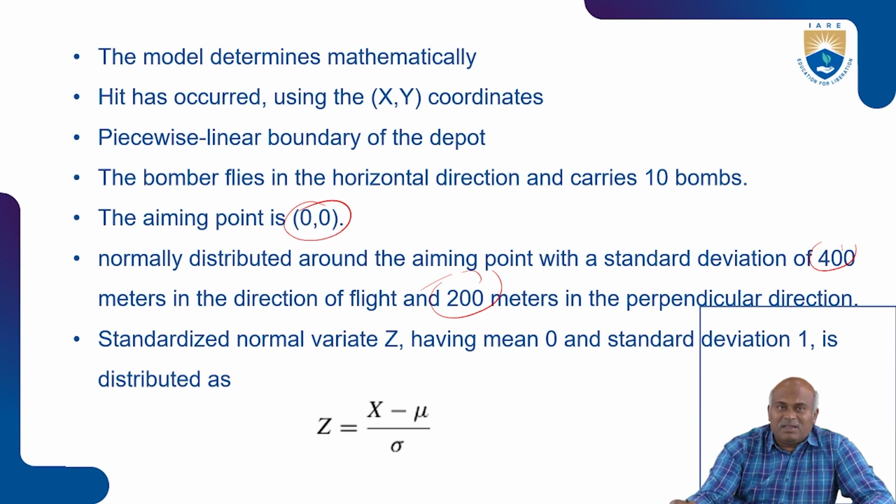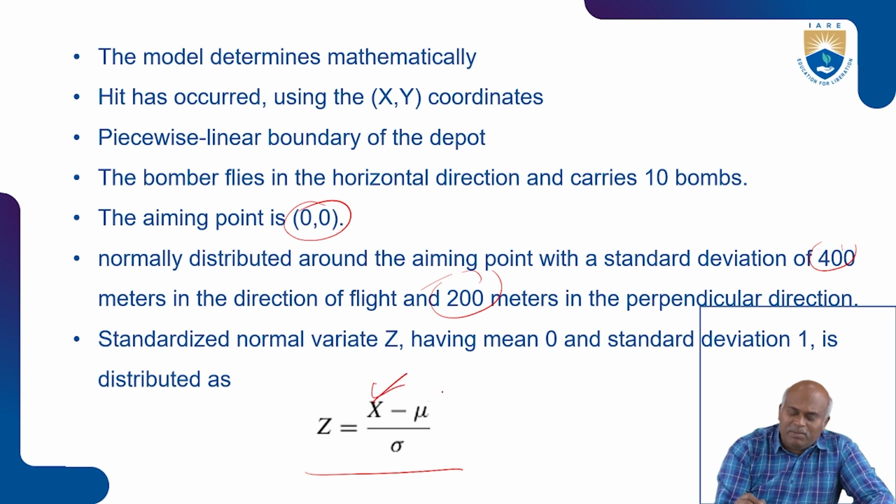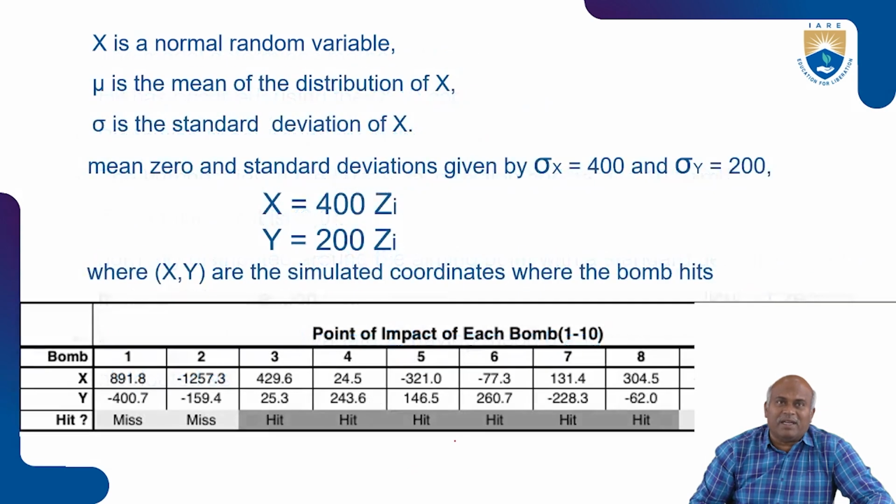The standard normal distribution has mean 0 and standard deviation 1, represented as z equals x minus mu by sigma. X is a normal random variable, mu is the mean of the distribution of x, and sigma is the standard deviation of x.